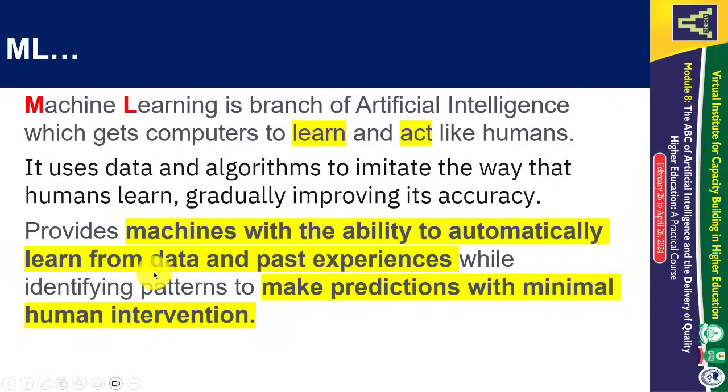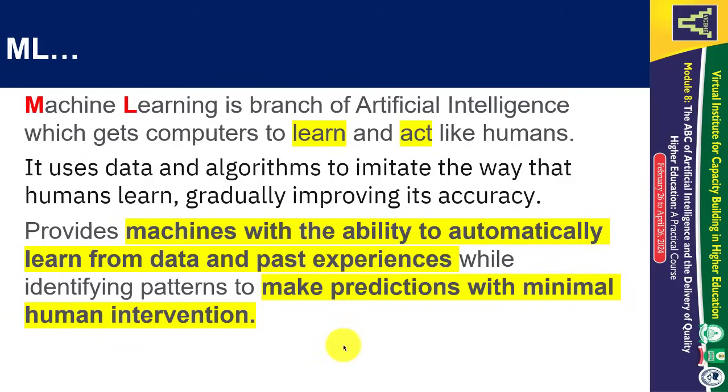So what is it? Machine learning, acronym ML. It's a branch of artificial intelligence, as you can see on the other page, which gets computers to learn and act as humans. Machine learning provides machines with the ability to automatically learn from data and past experiences and make predictions with minimal human intervention.